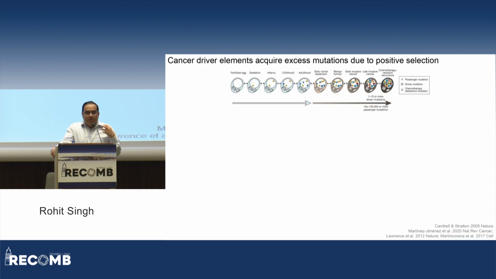And to understand how to identify these drivers of mutation, I think it's useful to think about how somatic mutations come about and how they are selected for. Throughout our life, we acquire these somatic mutations. Occasionally, one of them gives a proliferative advantage to the cell.